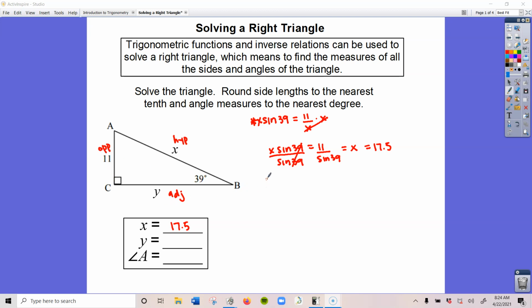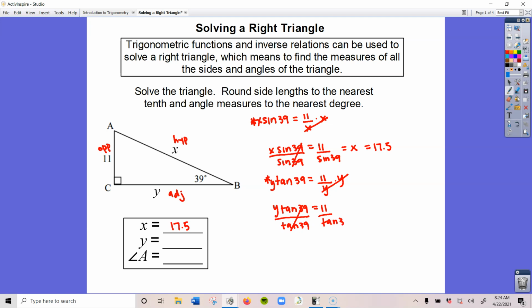So that means that I would have to use a trig function of tangent. So we have that tangent of 39 is going to equal the opposite, which is 11, over the adjacent, which is y. Multiply the y to both sides. We get y tangent of 39 is equal to 11, and then divide by the tangent of 39.